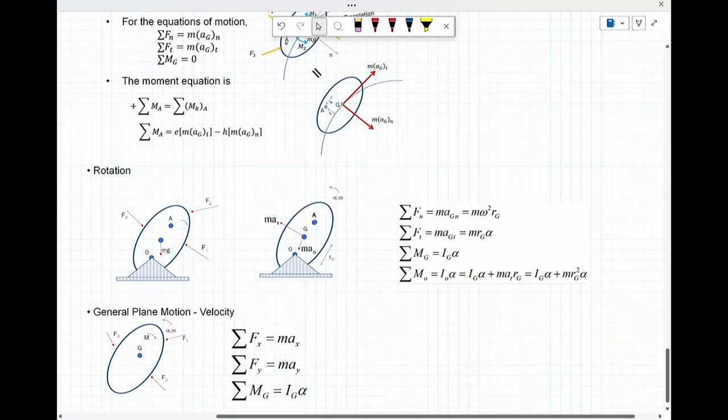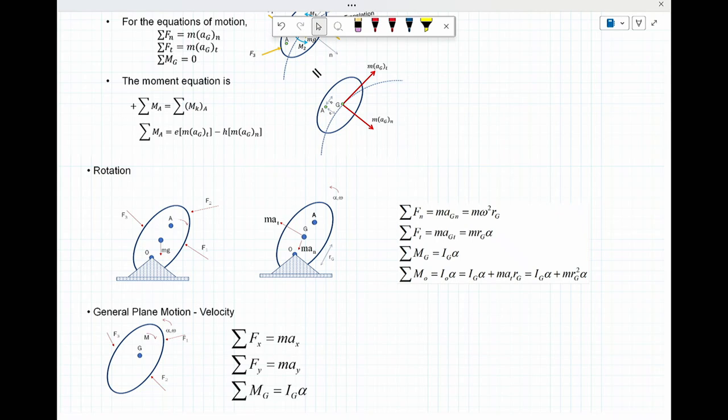I can look at the sum of moments about G, Ig alpha, but I can also shift it. So I can say sum of moments about point O, which is really more interesting. Often you will find that we take everything about the point of rotation, because that is only rotating.